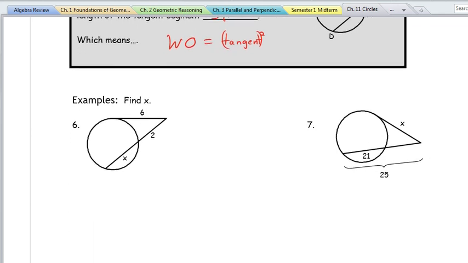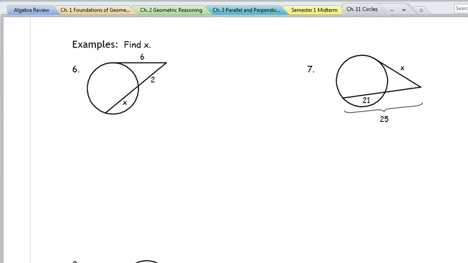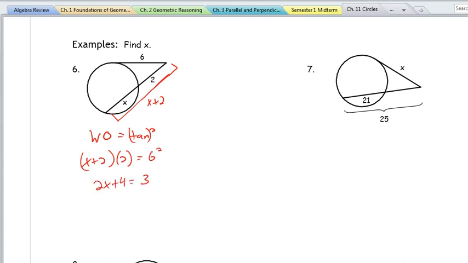So number 6, we have the secant. We know we're going to label that secant, the whole thing, as x plus 2. And what it says is we have WO equals your tangent squared. So whole is x plus 2 times outside is 2 equals 6 squared. So we have 2x plus 4 equals 36. 2x equals 32. x equals 16.